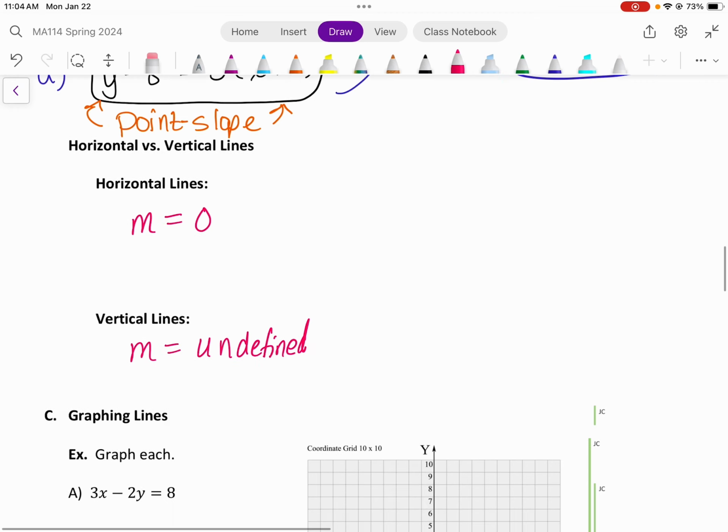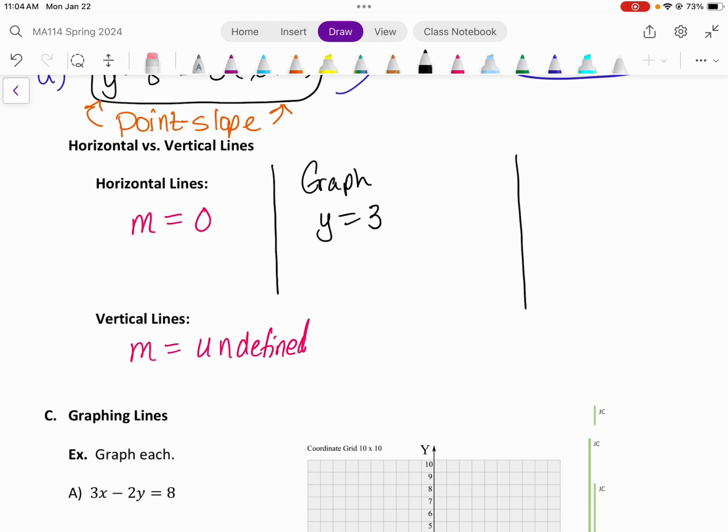Okay. If you want to graph a horizontal line, say of y equals 3, that indicates that my line is crossing the y-axis at 3. So this would be y equals 3.